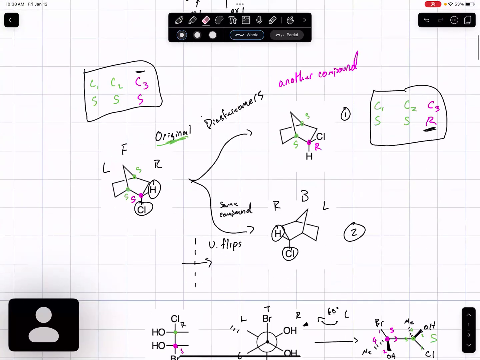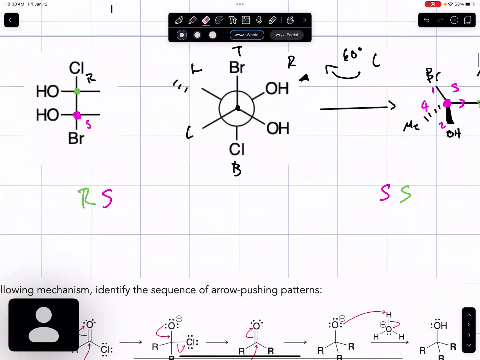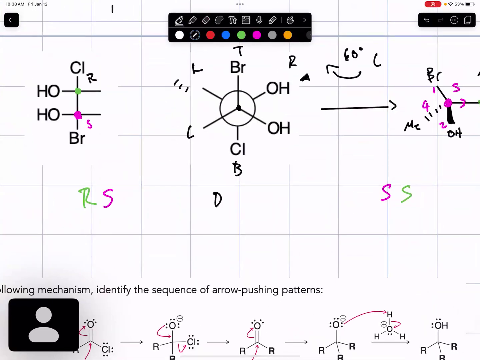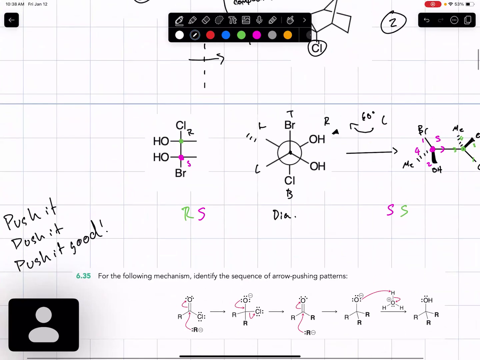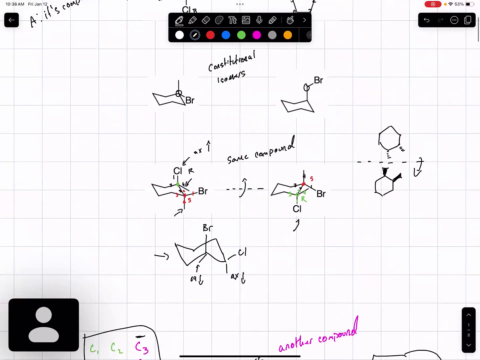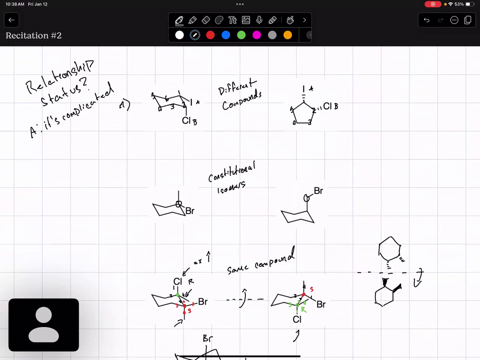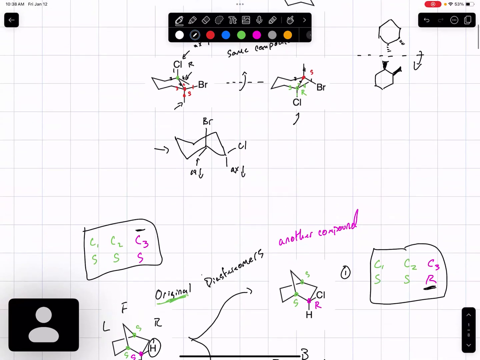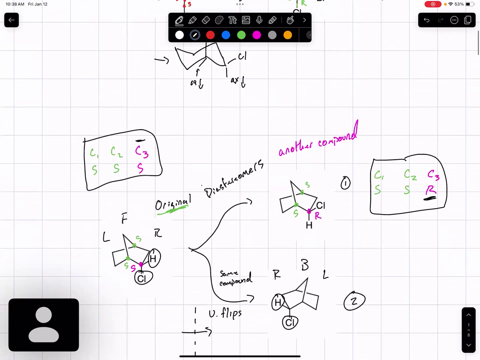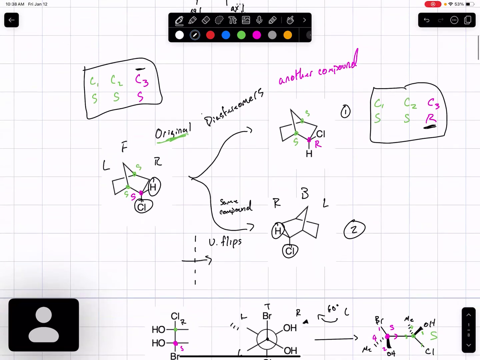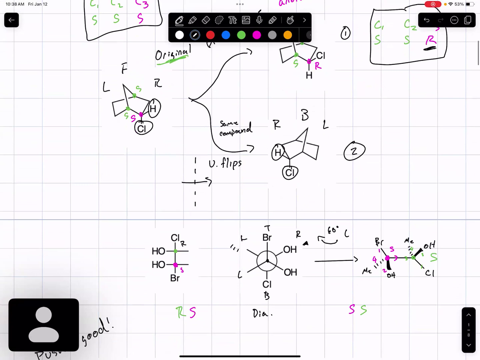Diastereomers? Diastereomers. Exactly, diastereomers. So these are diastereomers. Okay, so rule of thumb, first count your carbons, then see if they have the same connectivity. Look out for any kind of horizontal or ring or vertical flips, and then assign configuration.